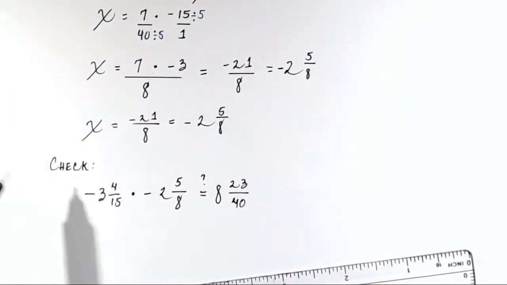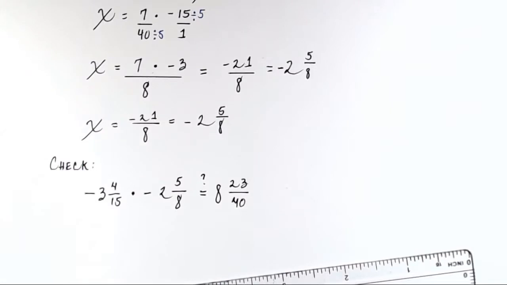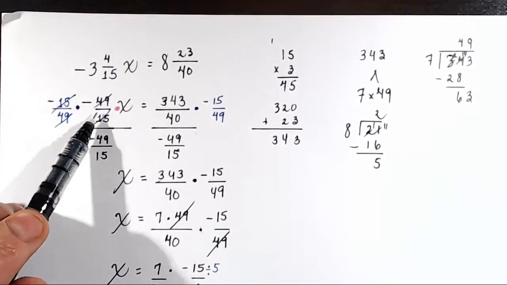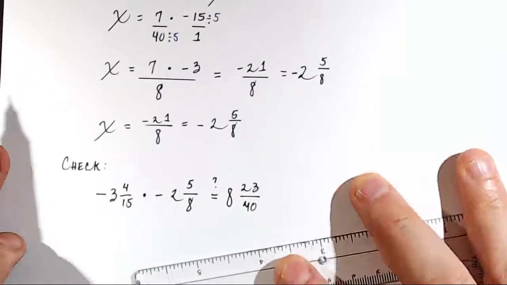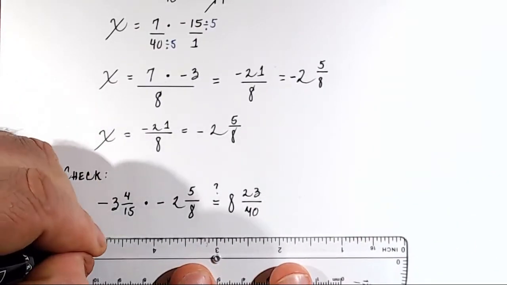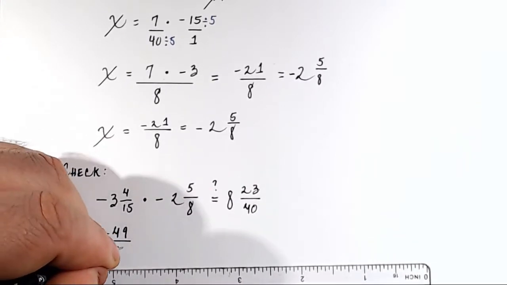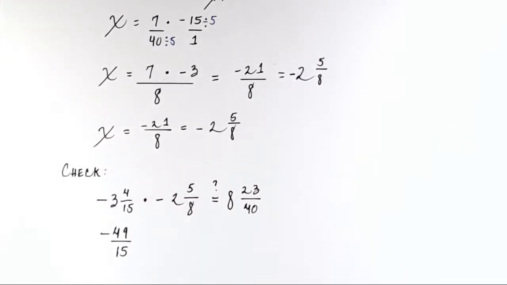So the very first thing to do is convert all three of these numbers from mixed fraction into improper fraction. Good news is we already did it. So up here, we converted negative 3 and 4/15 into negative 49 over 15. So I'll just go down to a new line and write negative 49 over 15. Okay, times, what is negative 2 and 5/8?